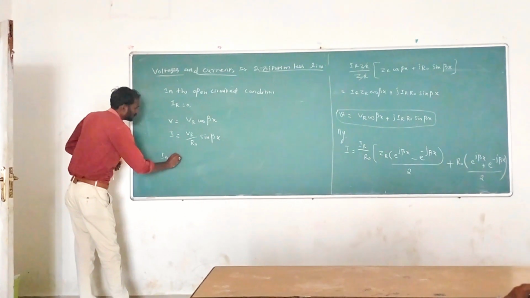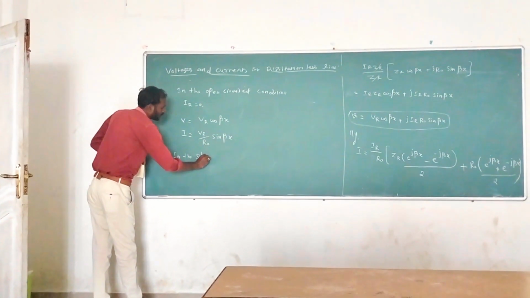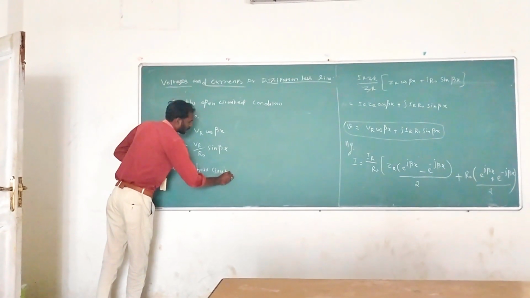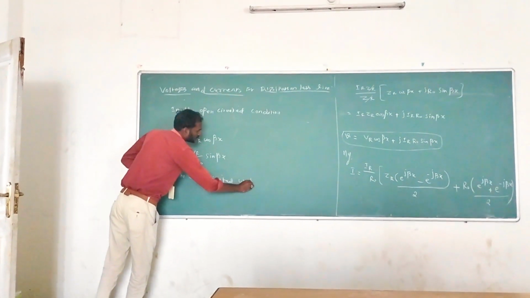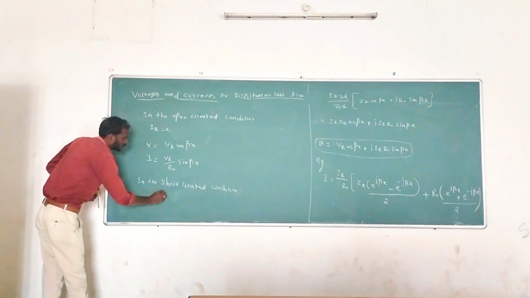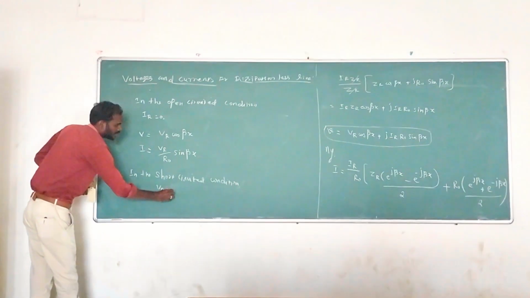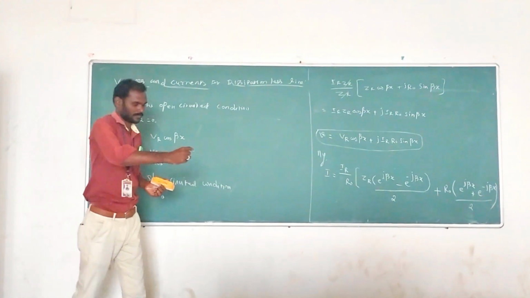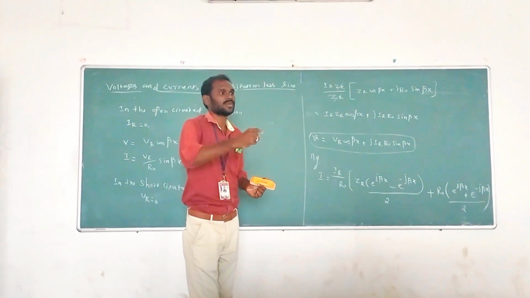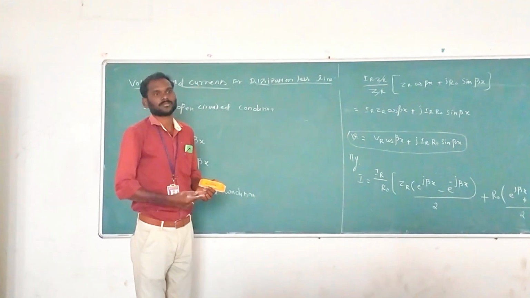Under the short circuited condition, VR is equal to 0 because shorting voltage, the circuit is short circuited, the voltage is 0, current is maximum, right?